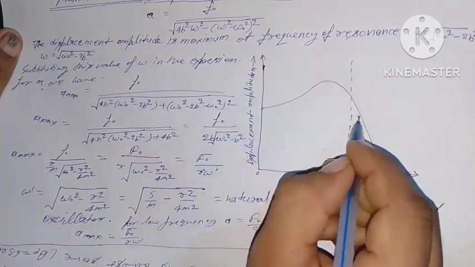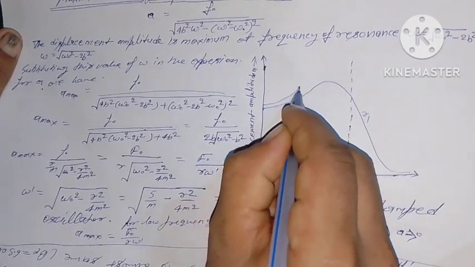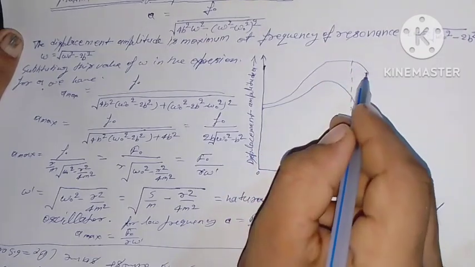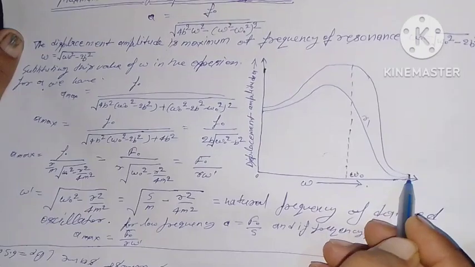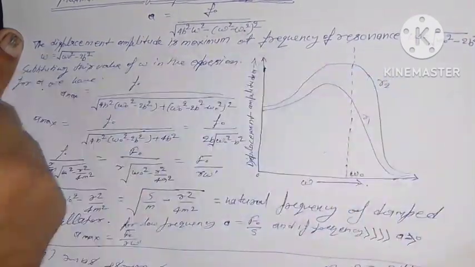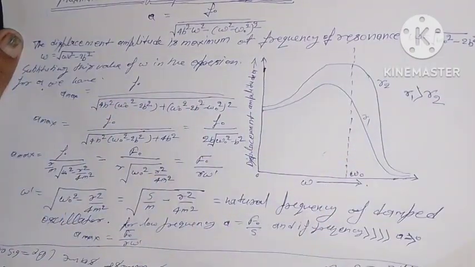This is R1 and this is R2, and R1 is greater than R2.